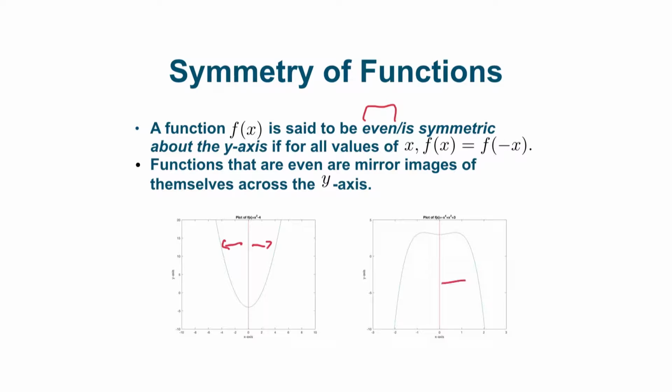Here's another example. So the idea is that the two images are mirror images of themselves. I can imagine just drawing the picture on the right half of the y-axis and then reflecting it over the y-axis to get the entire picture. Now, of course, this is a very special property. Most functions don't have this type of nice symmetry.